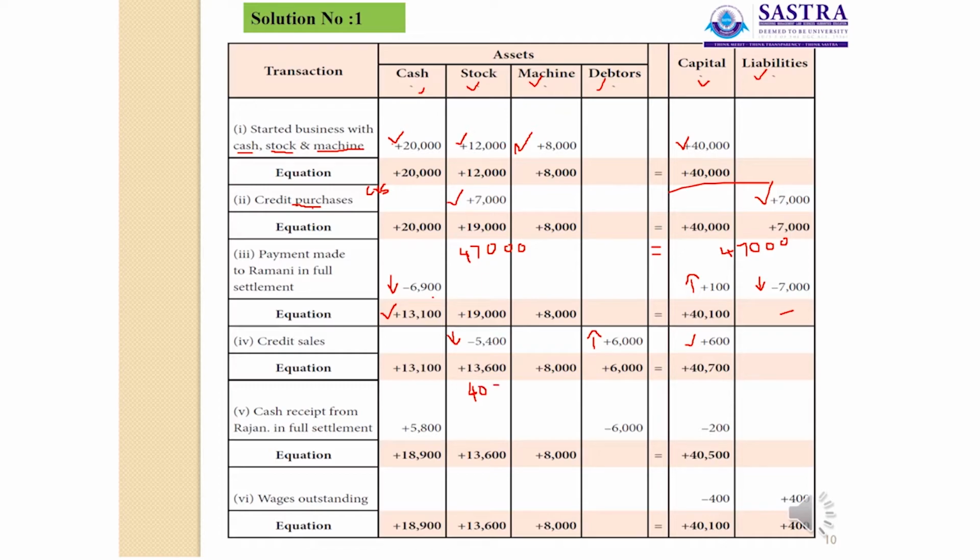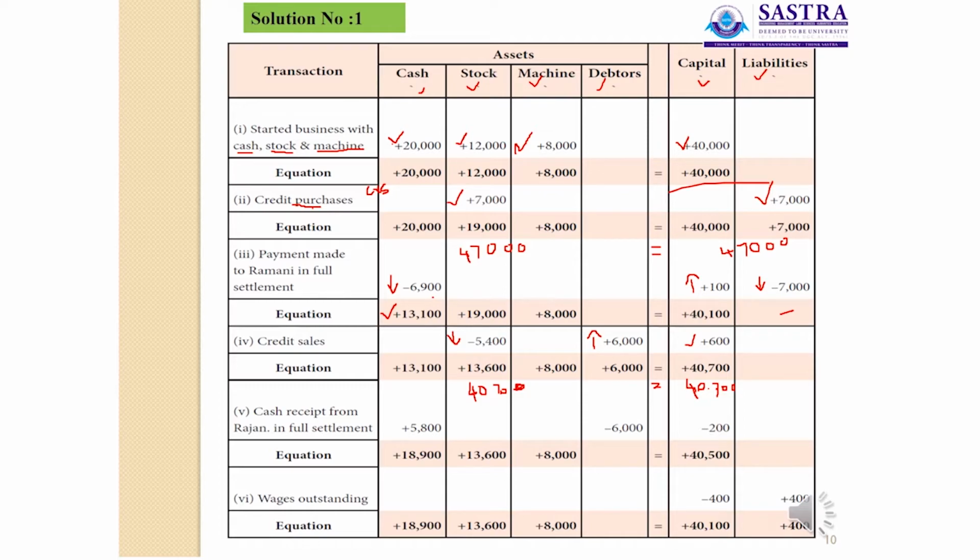So totally 40,700. So 40,700 is the value of assets, which is equal to 40,700 on the liability side, capital plus liability. So here the accounting equation is proved: 40,700 is equal to 40,700.